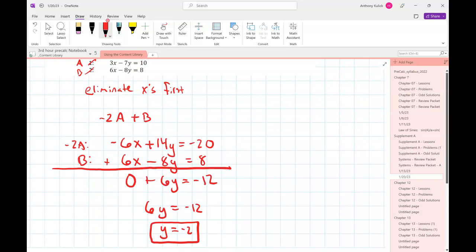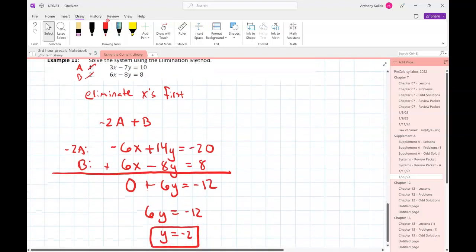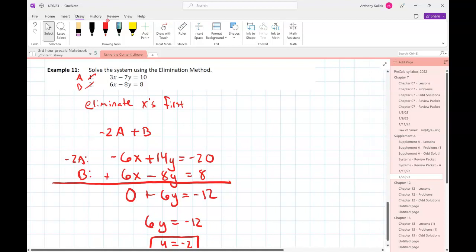Now that I've accomplished that, I'm going to plug that answer back into either equation A or equation B, it does not matter which, and solve for the x. Looking at our two equations, is one of those going to be any easier to plug into than the other?